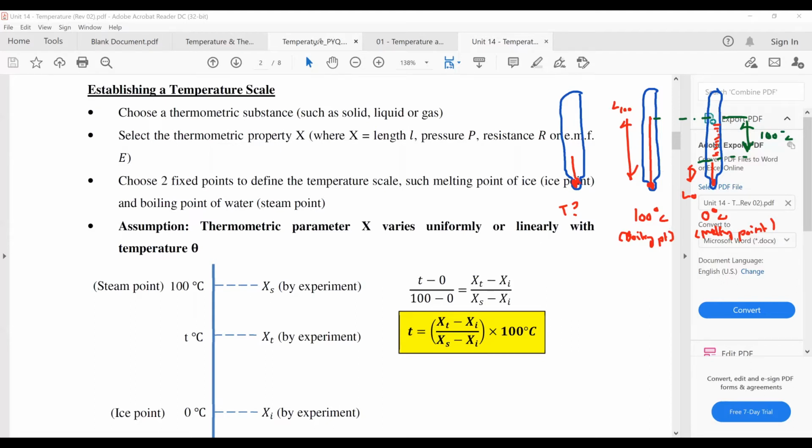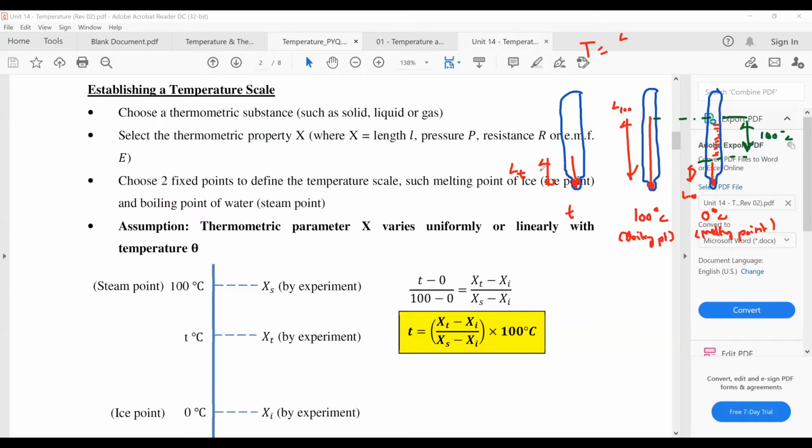Now the assumption here was this. If you want to work this out, you will probably say that temperature T is going to be the length at T. Better use consistent symbols here. This one is temperature T. This is the length at temperature T. Okay.